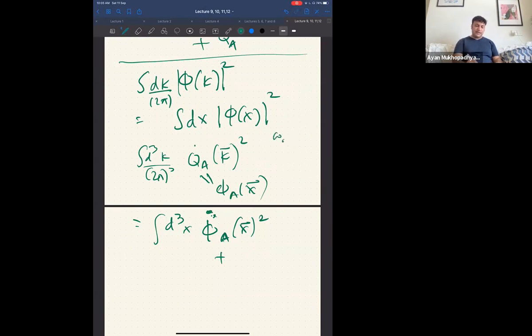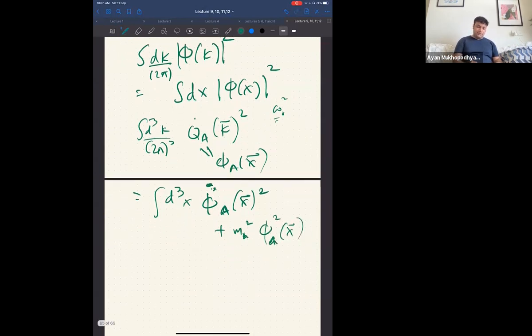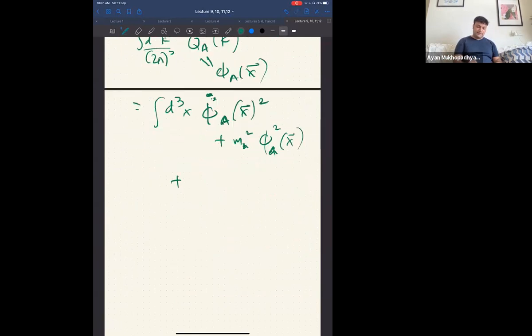And the next term is simply easier. Suppose you have omega naught square, k square. Then I can write it as ma square phi a square. That's the first term. But then omega squared will have other terms like ma, then phi a, v dot grad phi a, some term of this kind.